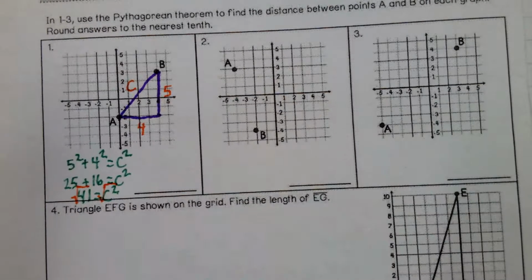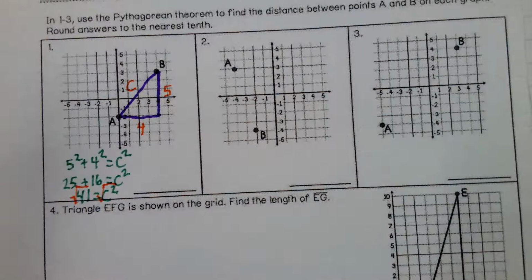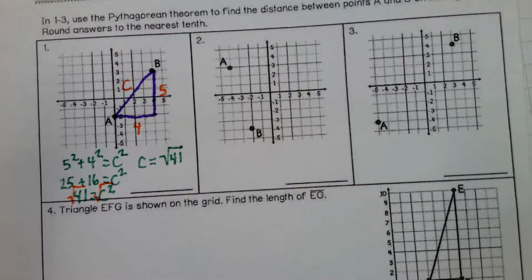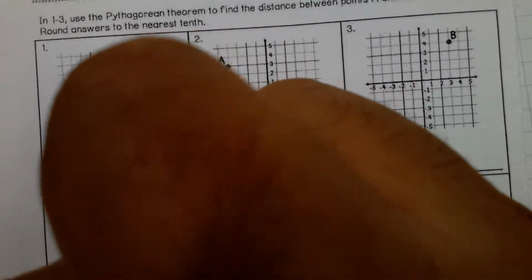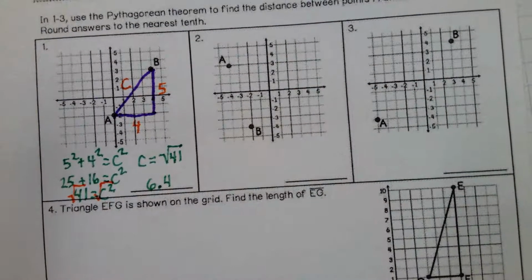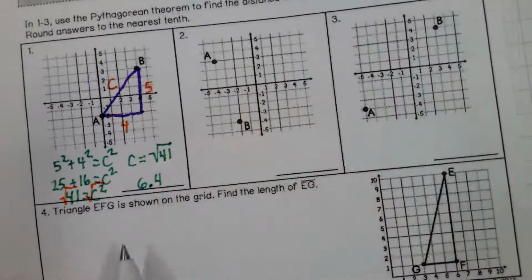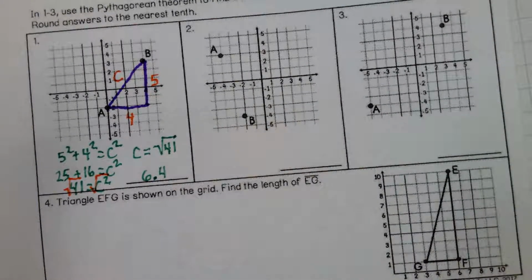What is it exactly though? Yeah, exactly, it's the square root of 41. And we're going to approximate it with the calculator to one decimal place. So we want the square root of 41. What was that? 6.4. Yeah. The exact answer is square root of 41, but that's not real useful if we need a number there. 6.4 is going to work better.